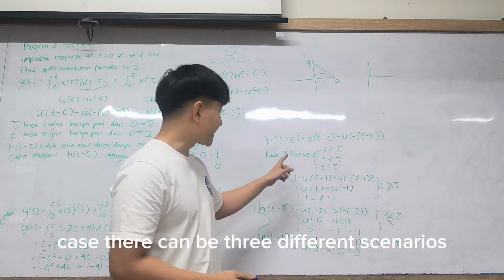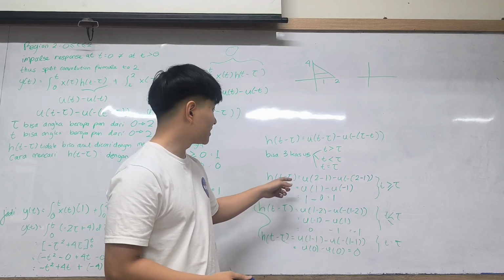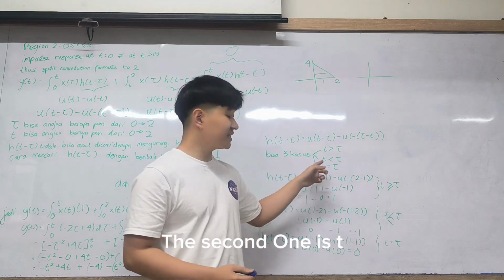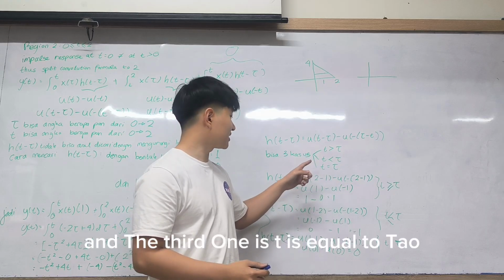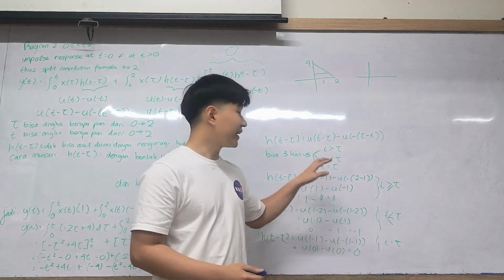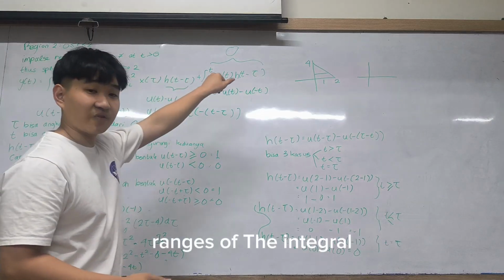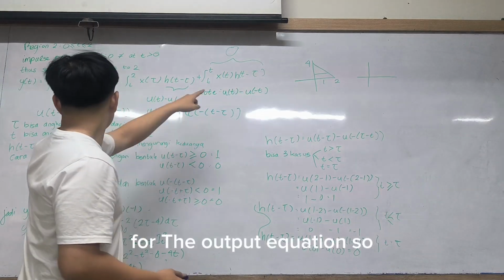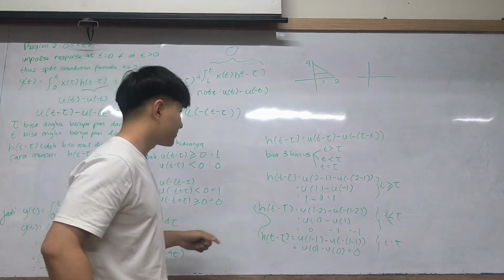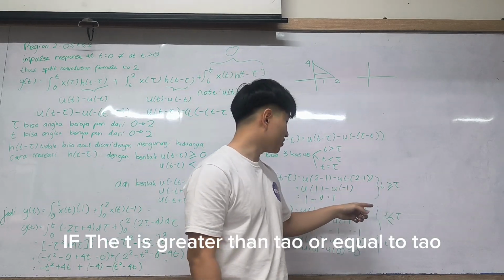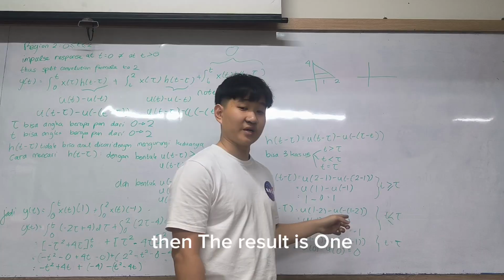So in this case, there can be 3 different scenarios. The first one is t is greater than tau. The second one is t is lesser than tau, and the third one is t is equal to tau. And these 3 scenarios correspond to the 3 possible ranges of the integral for the output equation. So, for example, if the t is greater than tau or equal to tau, then the result is 1.